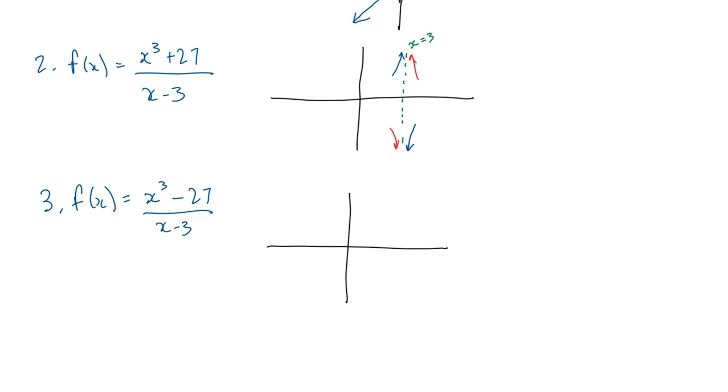But this would actually look like something like this. And then at 3, it would have no roots. We have a hole. Simple enough, right?